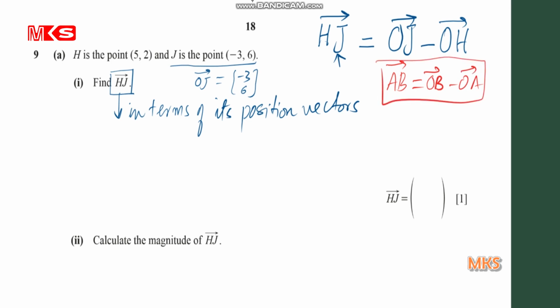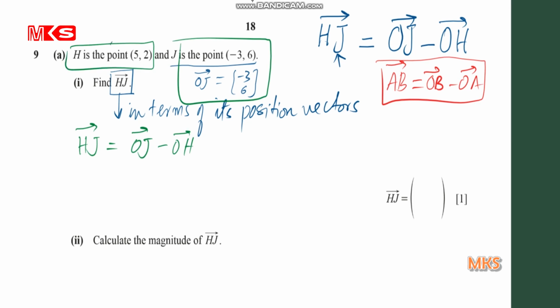So here HJ will be OJ minus OH. How to express a point as a position vector: OH will be simply the coordinates written in column vector form, a matrix of order 2 by 1.